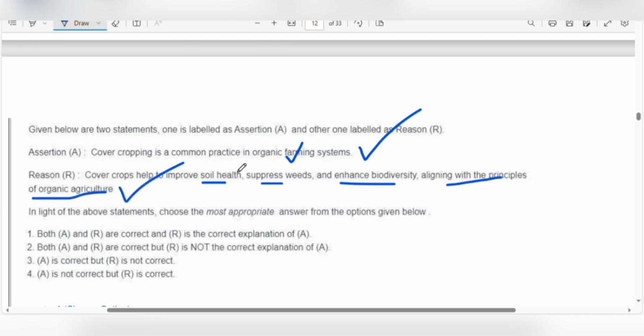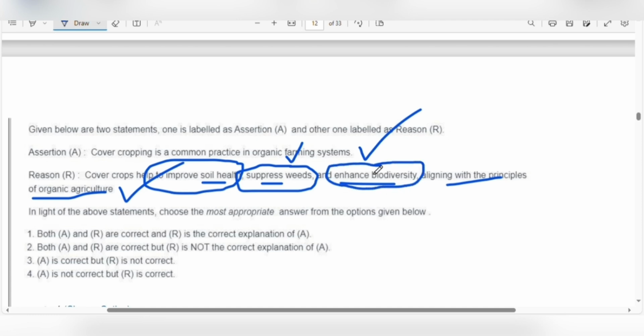Cover crops help to improve soil health. That is true. They prevent soil erosion. You must know, cover crops are erosion resisting crops. They suppress weeds. That is also true. They turn out to be victorious in the crop weed competition because they smother the weeds and the weeds do not get to flourish due to lack of light and competition from the cover crops. They enhance biodiversity, of course.